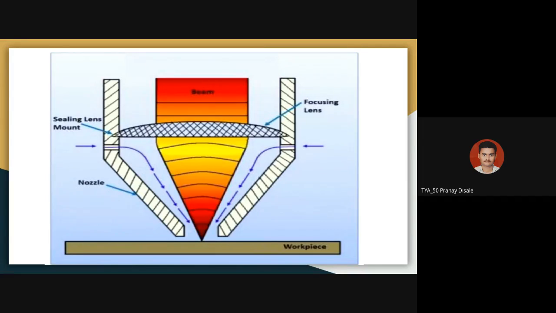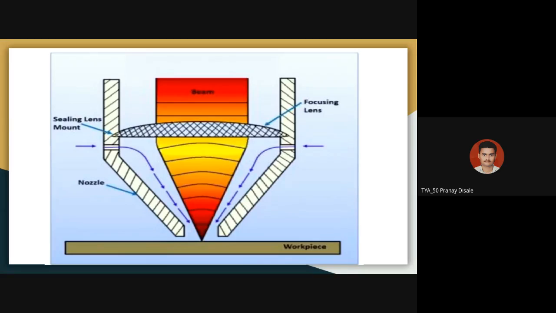And to focus on the workpiece in a small area, we require a focusing lens, and that focusing lens I have shown there. Okay, you can see this is a focusing lens. While it is focusing, it can concentrate into a very small diameter, less than 1 mm.